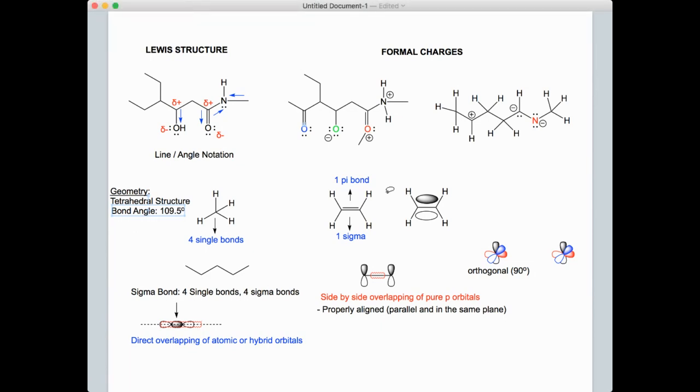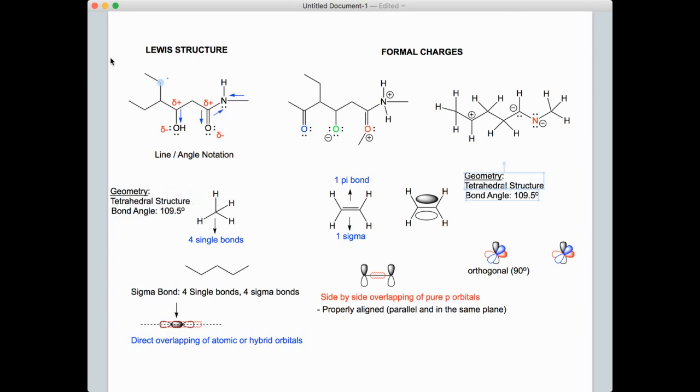All right, so if we talk now about this carbon-carbon double bond, one bond is sigma, as we just discussed, direct overlapping. The second bond is pi, which looks like this. So there is a pi bond, and the cloud of electrons for this carbon is three sigma bonds, three clouds of electrons. For three clouds of electrons, the optimal geometry to keep them as far as possible is called trigonal planar.